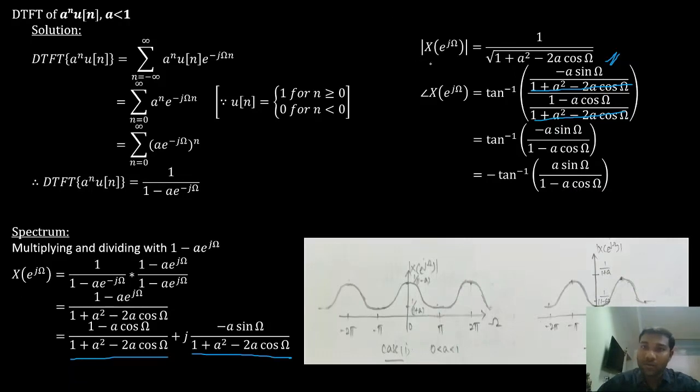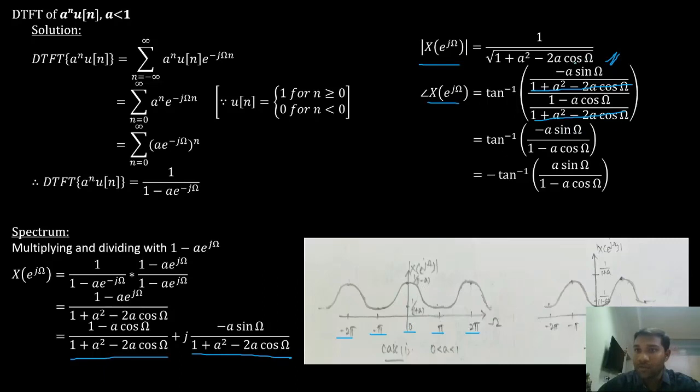So for the magnitude as well as phase, I am drawing the graphical representation. In place of omega here, I have substituted a few values: omega equals 0, omega equals pi, minus pi, 2 pi, minus 2 pi. Right? I have substituted a few values, and this is how my graph looks. At omega equals 0, what happens?